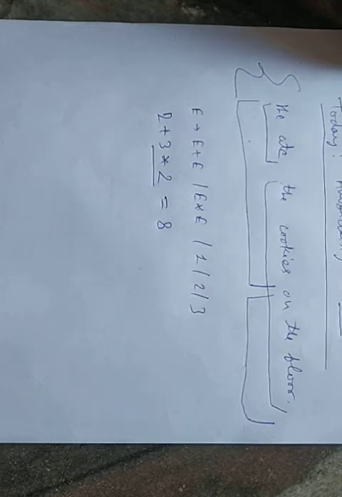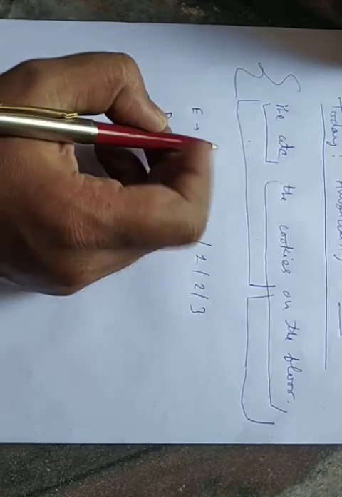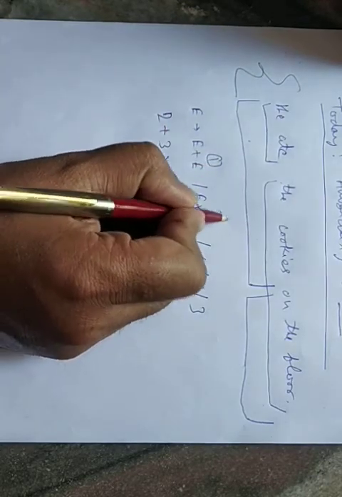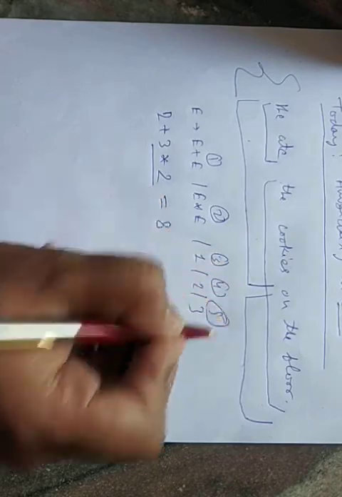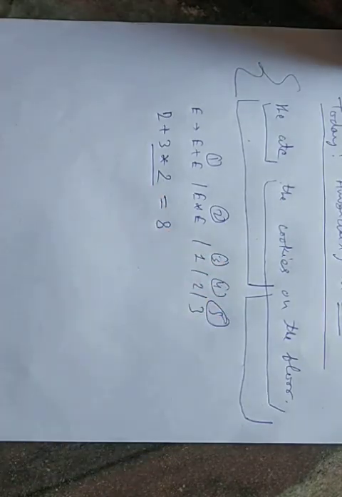So let's try to derive this string from the given grammar. I am going to number the rules 1, 2, 3, 4, 5. So in this particular grammar, I have 5 production rules: E produces E plus E, E produces E star E, E produces 1, E produces 2, E produces 3.